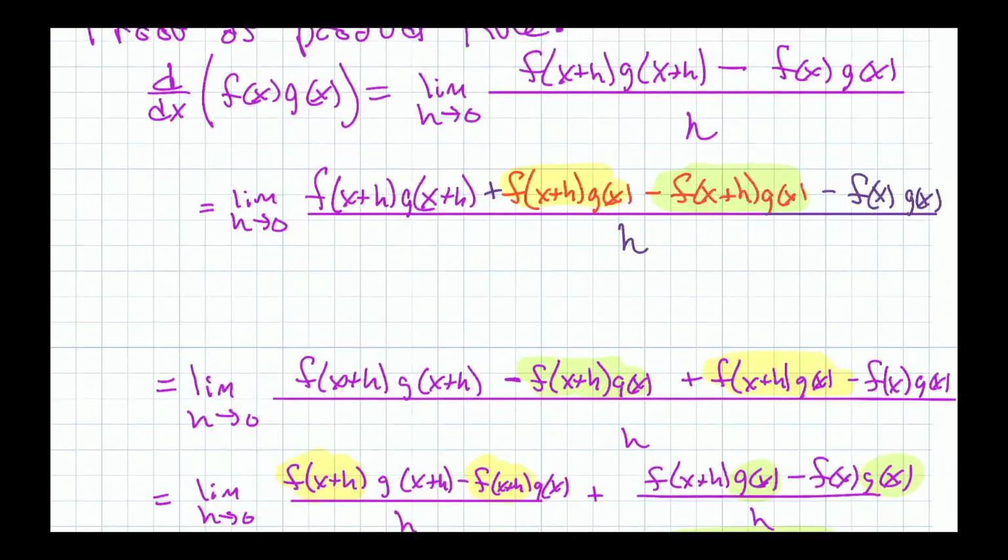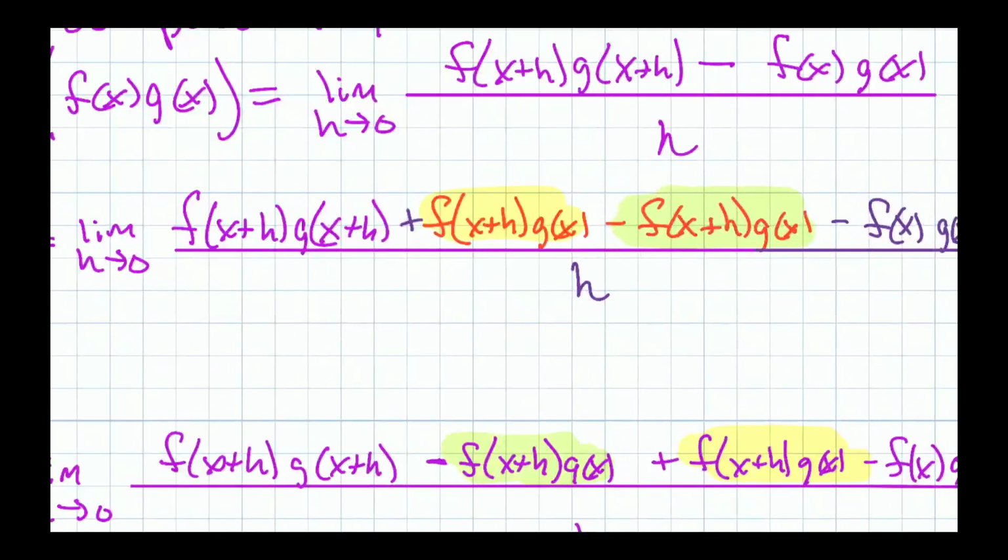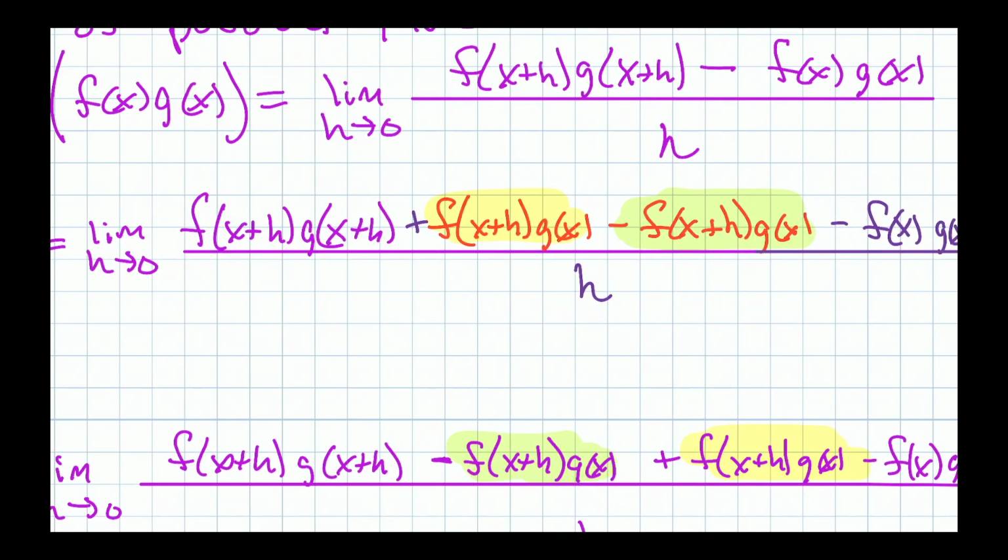And just to clarify this, at this step up here where I added and subtracted the same term in the numerator, I sat there for a minute going, oh, wait, what was it? Do I want f of x plus h or what? It would have worked either way. So I did f of x plus h g, but I could have done f of x g of x plus h.